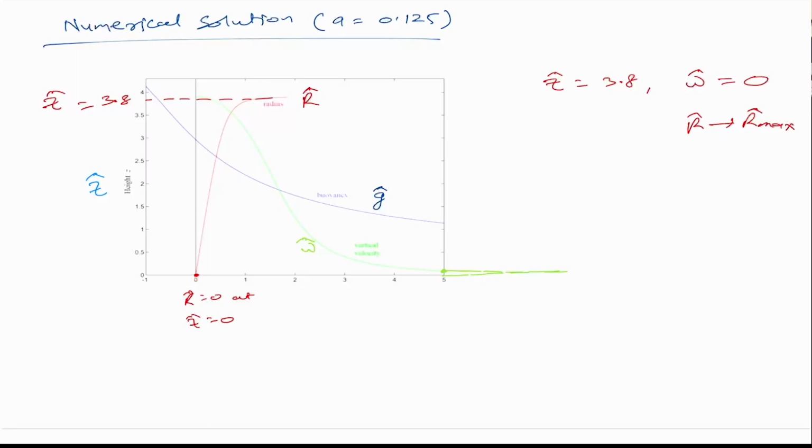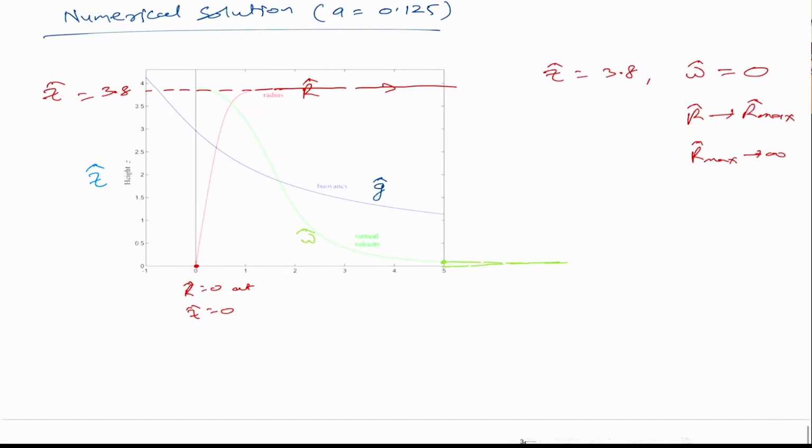So instead of going further up, it actually starts spreading sideward. And in fact we can say r max tends to infinity, okay, because this can just keep going to infinity if you continuously inject a buoyant fluid at the bottom.